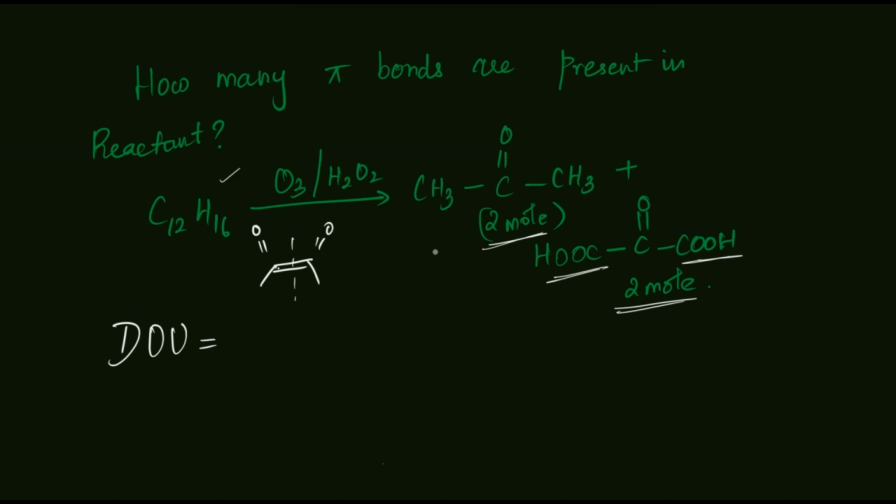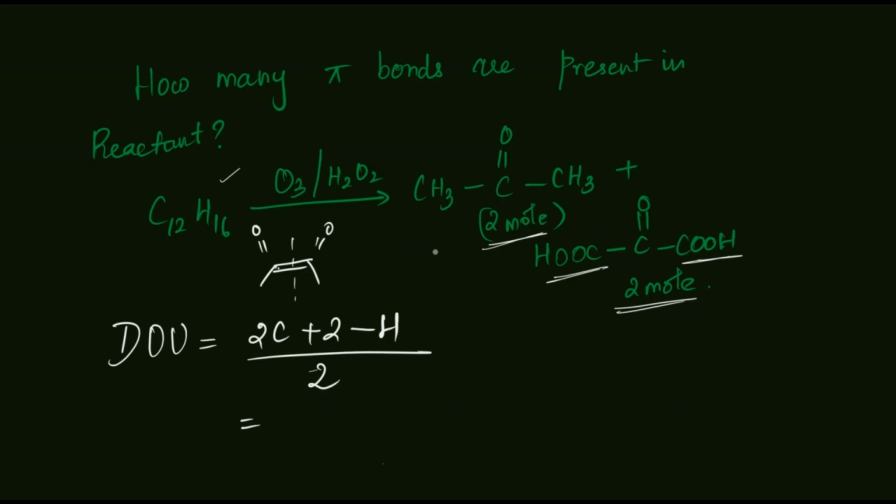So what is the formula? I'm just taking carbon and hydrogen. Hope you know the formula. For carbon and hydrogen, (2C plus 2 minus hydrogen) divided by 2. Along with that, sulfur, nitrogen, and halogens are also there.